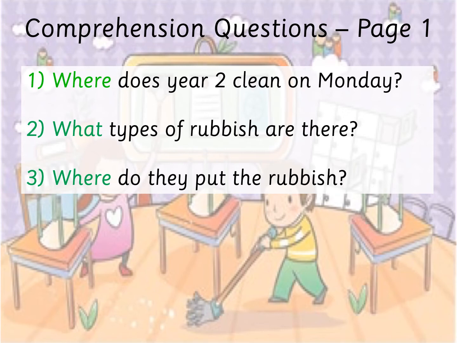What types of rubbish are there? So can you read the passage and find what kind of rubbish are there? So lastly, number 3. Where do they put the rubbish? So where do the children put the rubbish? Good luck, guys!